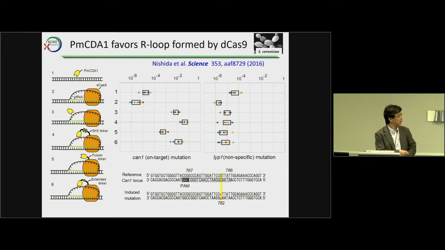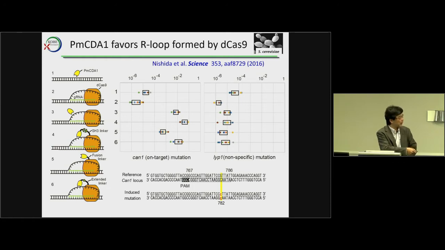If you look at 1 and 2, this is just a deaminase, AID, or dCas9. Of course, nothing happened. But if you look at this one, surprisingly, this is dCas9 and the deaminase AID expressed separately, but you can already see the high efficiency of the mutation.